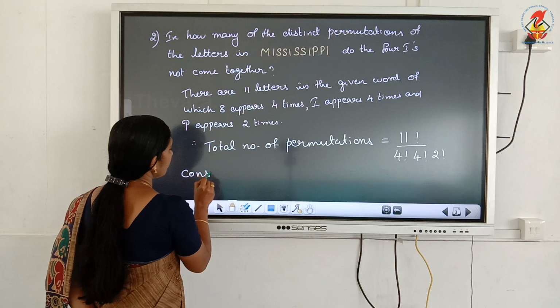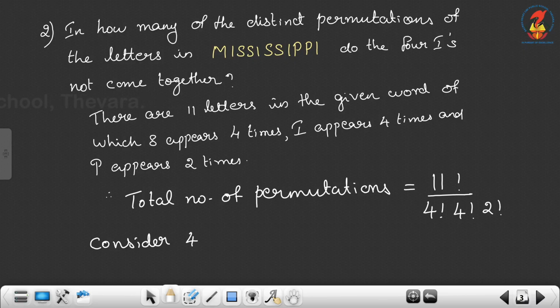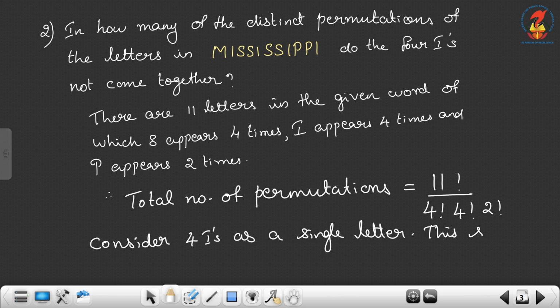Consider 4 I's as a single letter. This single letter with the remaining, how many letters? Remaining, total we have 11 letters. So 11 minus 4 is 7.